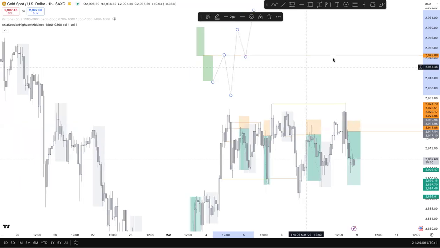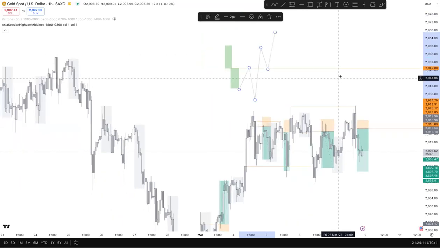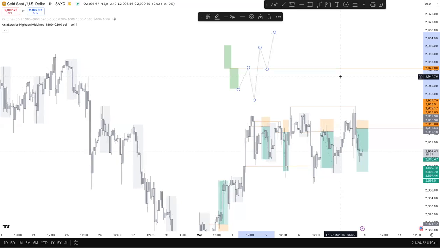So in understanding this part, working with key levels, we really work with the body of the candle. We don't work with the wicks, because the wick just gives us a reaction of what price is going to do. The body of the candle gives us more intent of what price is going to do.